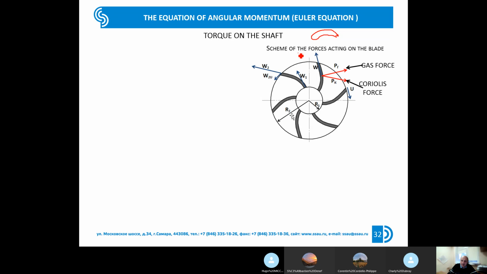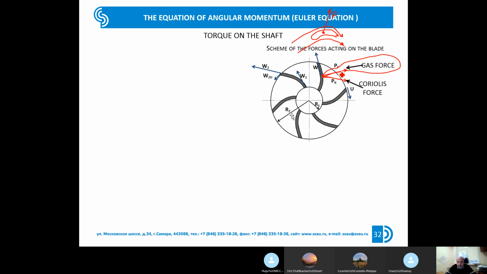So we have the blades, the working fluid flows around the blades, and finally we receive a pressure difference between the pressure side and suction side, and finally we receive some gas force which acts on the blades. It's the first kind of force which acts on the blades in the turbomachinery.